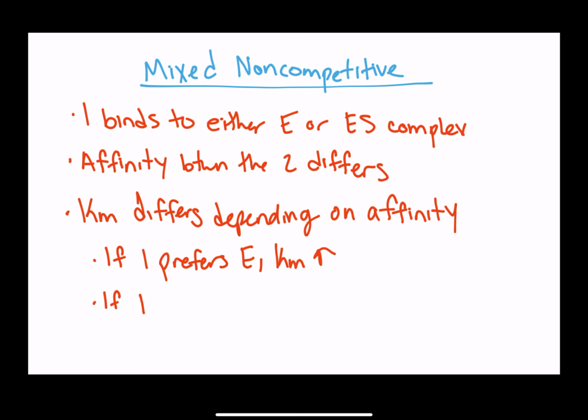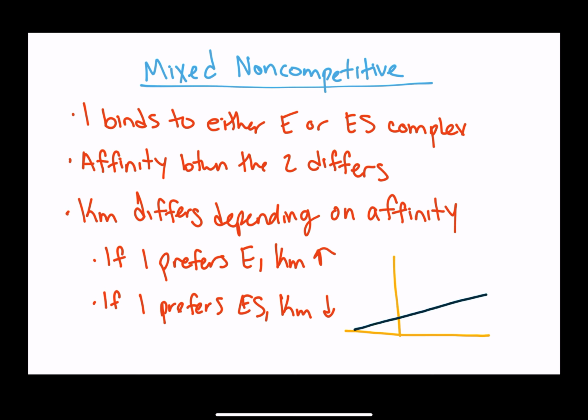And so if the inhibitor prefers binding to the enzyme, Km increases. And if it prefers to bind to the enzyme substrate complex, Km will decrease.